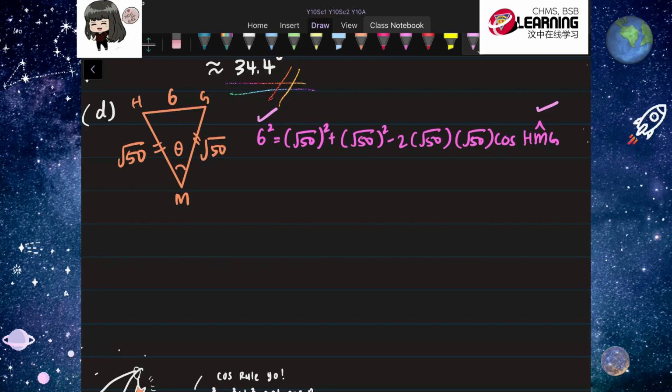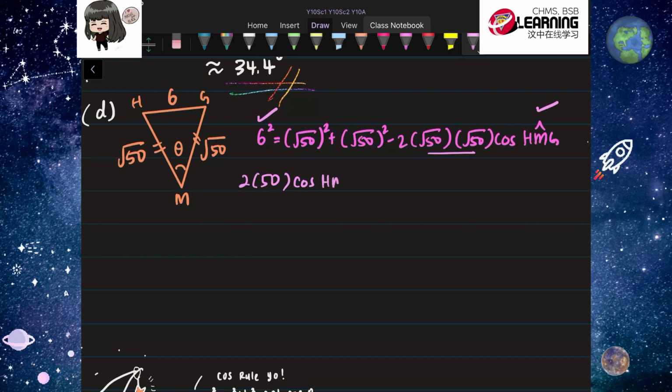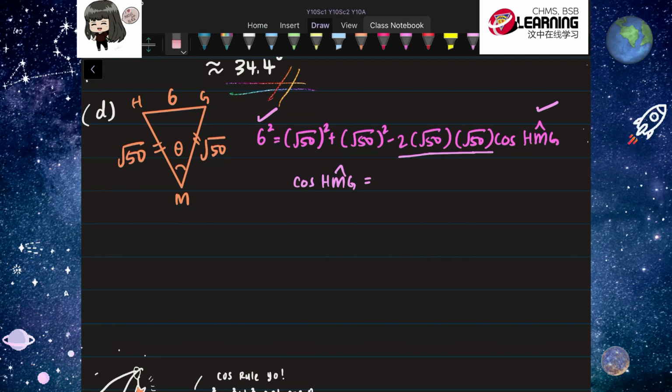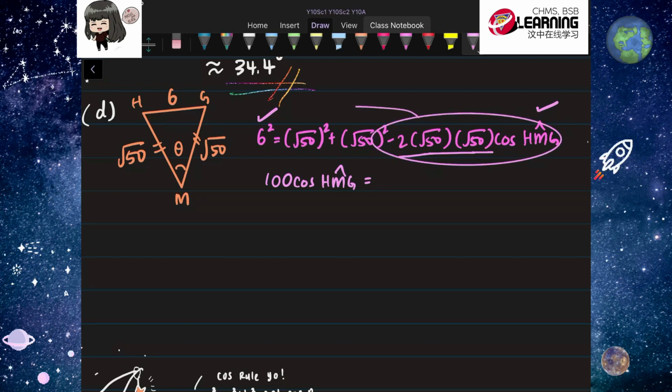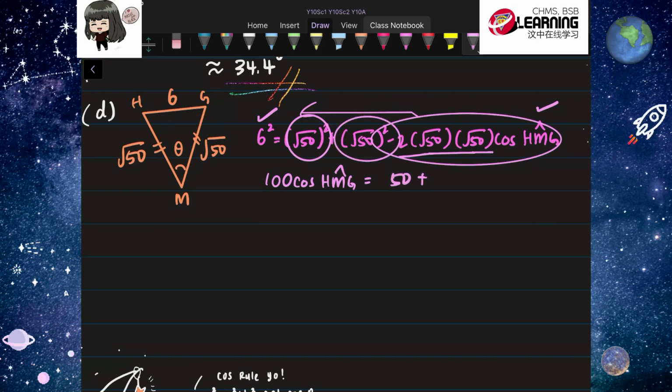So this one when you times is 50 cos. After I times all this, I press calculator, I get 100, or you can straight away write down 100 also can. That means I'm moving this whole thing to the other side. Then this one will be square root 50, and then you square it becomes 50, and this one also becomes 50.